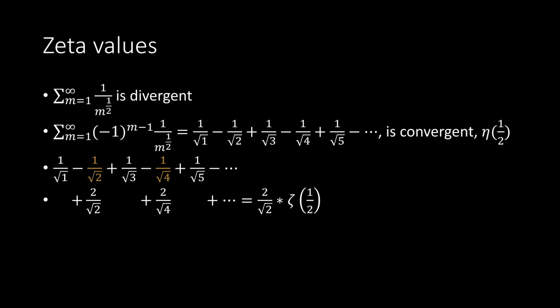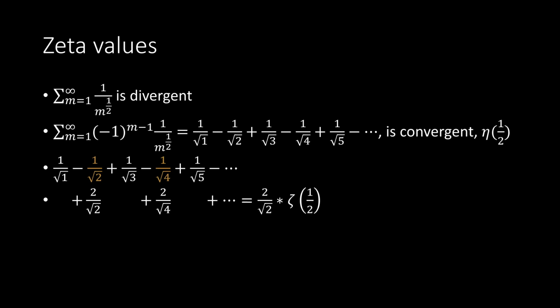So let's briefly think of this and add another series down below. If we take the top series and we add 2 over the square root of 2, 2 over the square root of 4, and so on, 2 over the square root of all even numbers, then the top series will be equal to the zeta function, the pseudo sum definition, of 1/2.